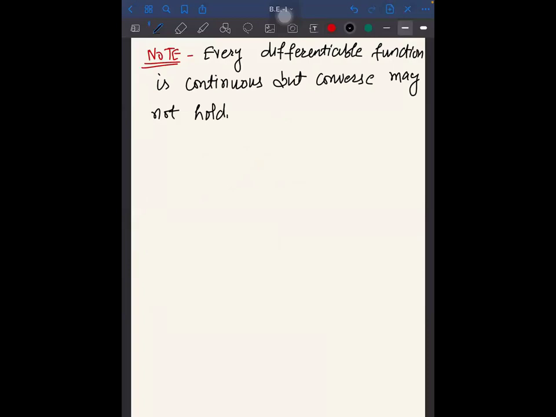So can you think of an example? Mod z. Yes, f(z) is equal to mod z is the example of this, right?